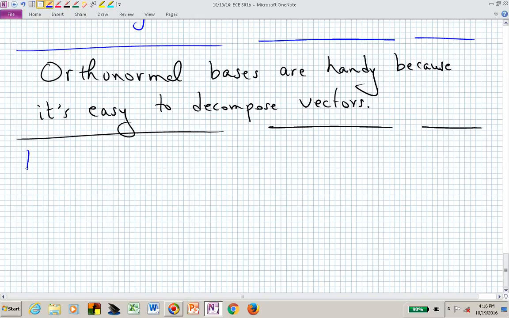Which leads us to the next theorem, Theorem 30, which is titled Writing a Vector as a Linear Combination.